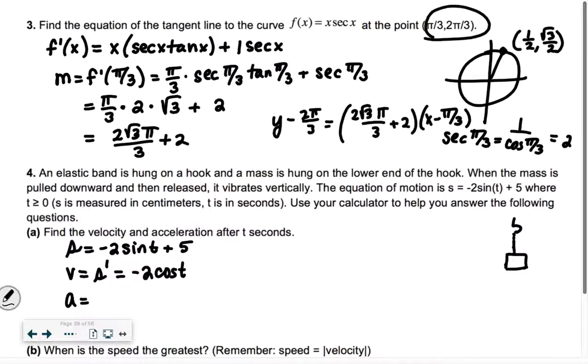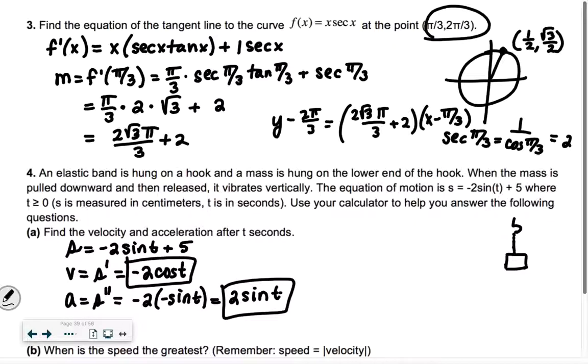That's an acceleration. Okay, so these are all related to one another. It's the rate of change of the velocity function. But the velocity function was the rate of change of the position function. So it ends up being the second derivative of the position function. So it's going to be s double prime, which is -2 times negative sine of t, which is the same as 2 sine of t. So those are our velocity and acceleration functions after t seconds.